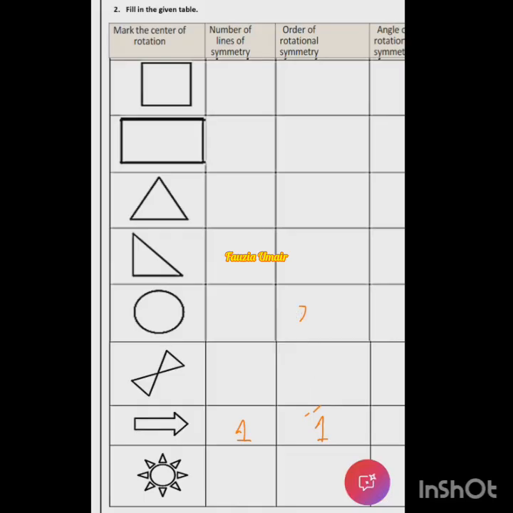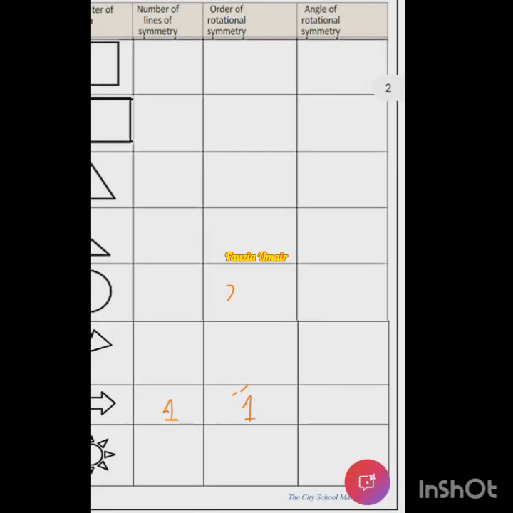So what is the angle of rotation? The angle we turn the shape or figure. Right. So the angle of rotation is the angle after which we get back the same shape, a measurement of after how many degrees the same shape will be back.